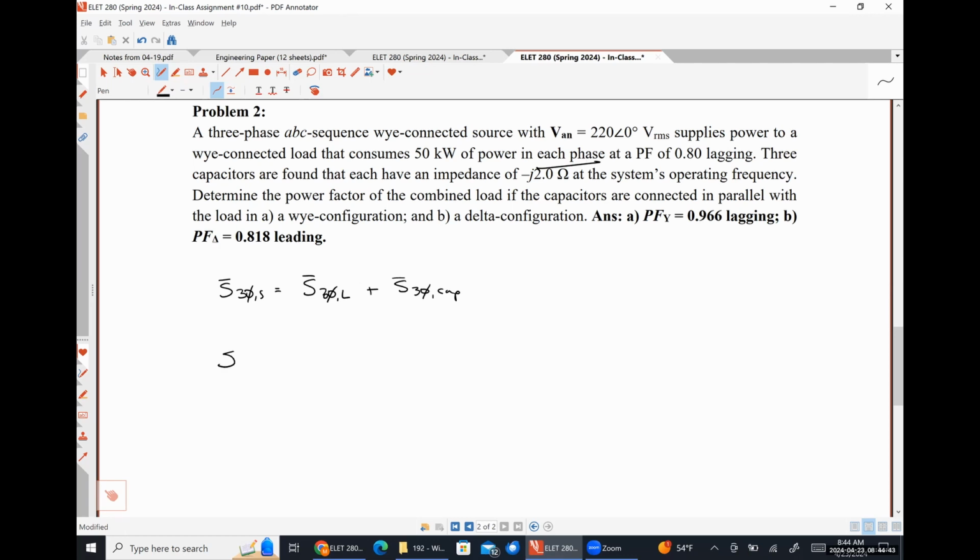So S. It's what we covered last class. Yeah, so we don't have any currents, so we can't really use that one in particular. Okay.